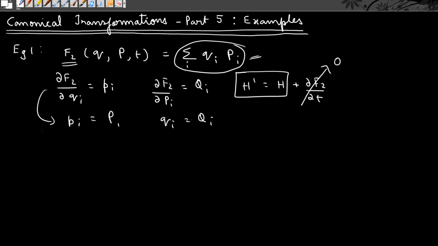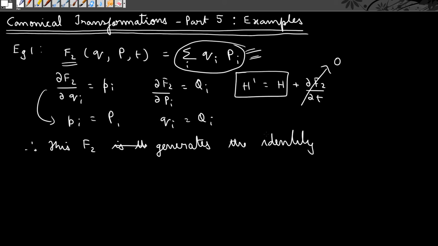As you can see, when F2 is defined in this form, this F2 generates the identity transformation, where we just say that the new momenta are equal to the old momenta and the new coordinates are equal to the old coordinates, which is basically multiplying everything by 1, and this is nothing but our identity transformation.